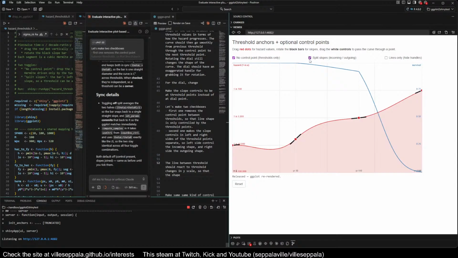Okay, now let's split. Yeah, it works. I think this splitting is better.